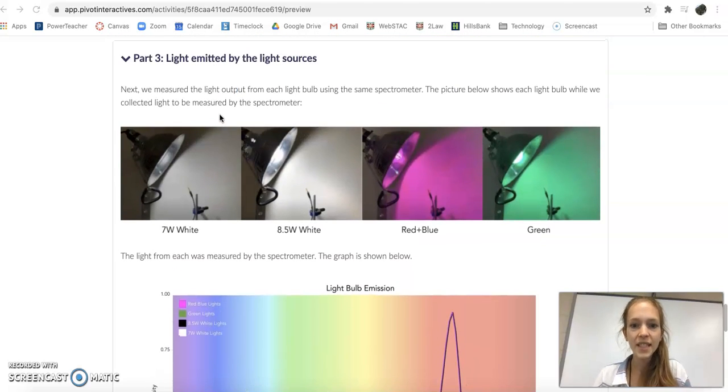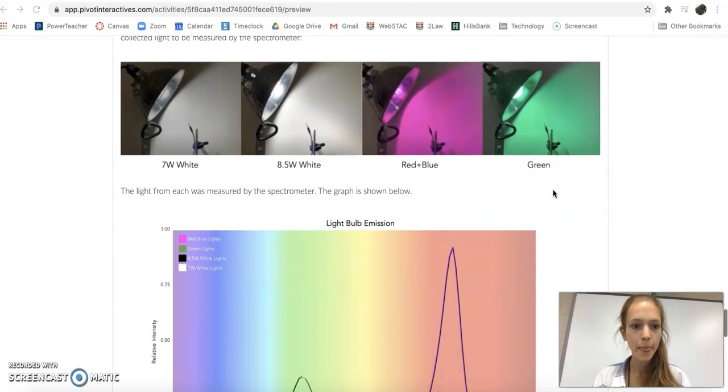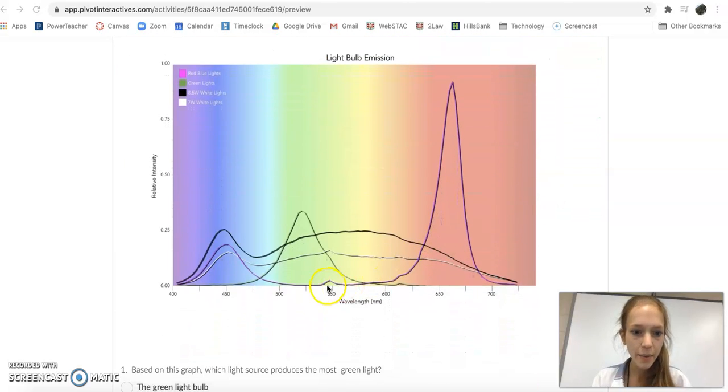So what they've done is they've measured what frequency or wavelength, right? Basically what light is being produced by each of these colors of light that we observed in our initial experiment. So if I'm looking at this curve that has a pink trace over it, that corresponds to the red and blue light.